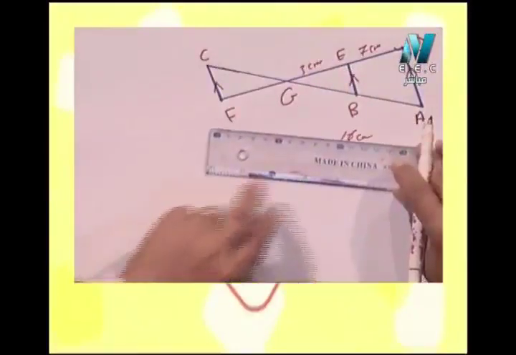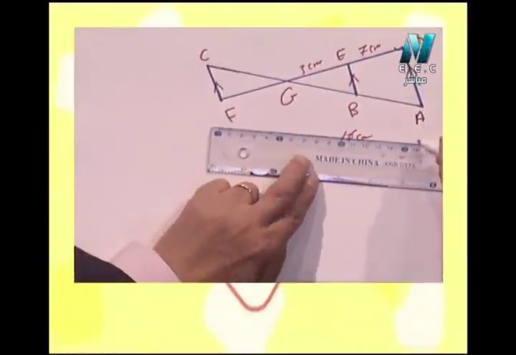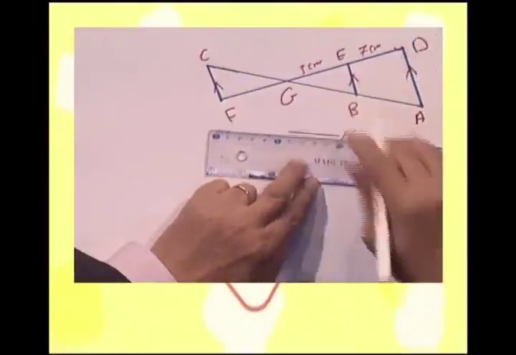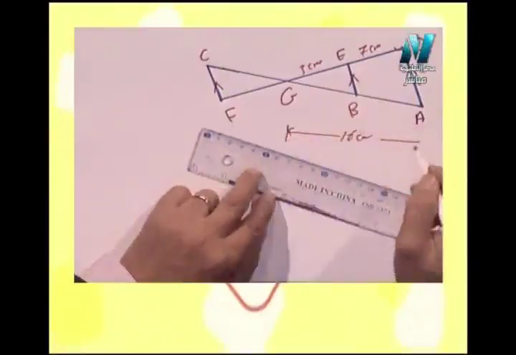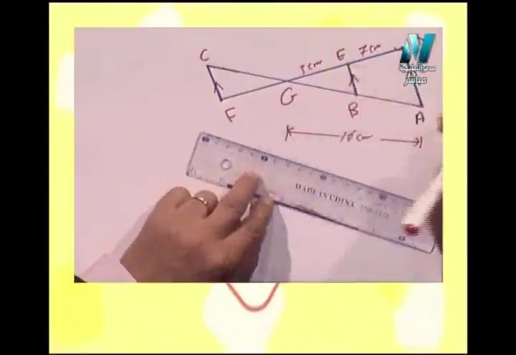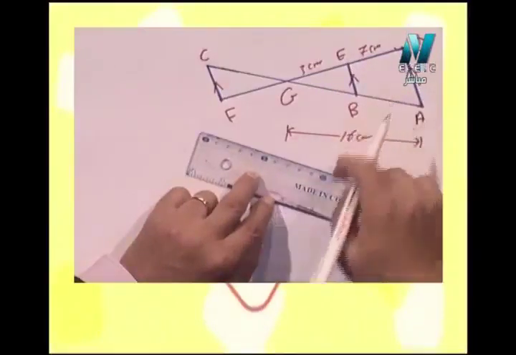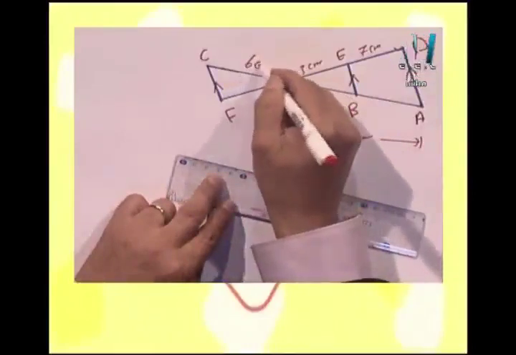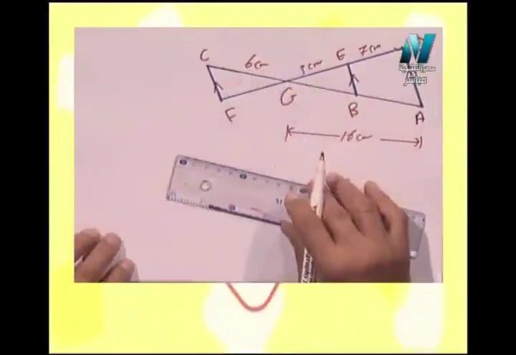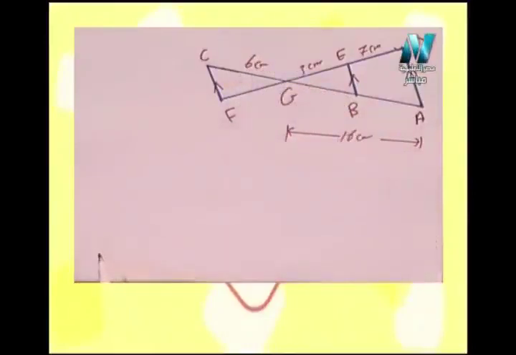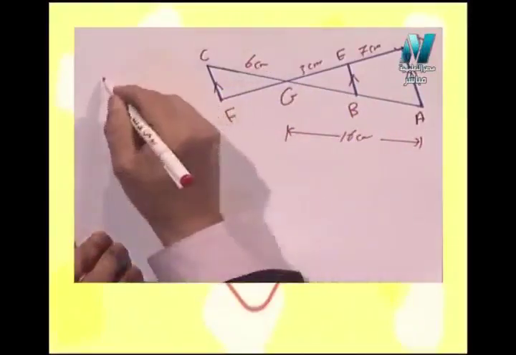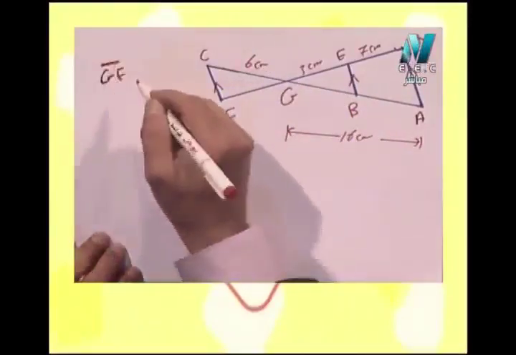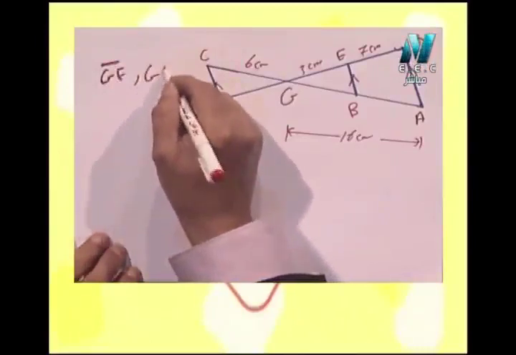We can express it like that. GA equals 16 centimeter, and GC equals 6 centimeter here. Find the length of GF and GB.